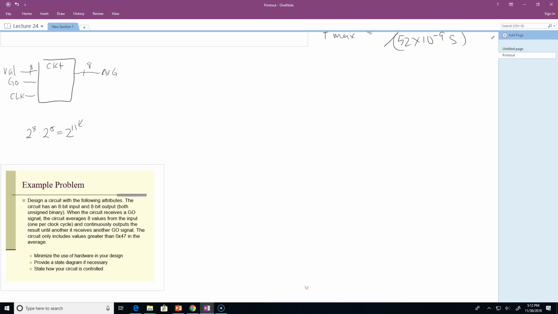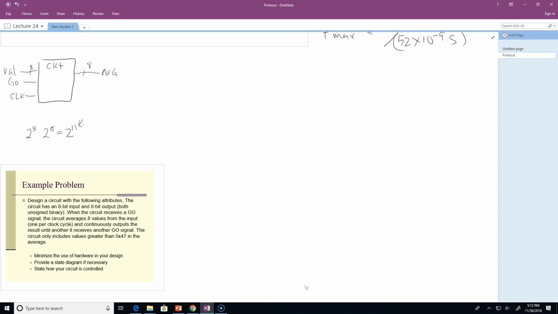Okay, now one last thing in this problem. I'm not adding every number. I'm only adding the input value if it's greater than 47. So somewhere in this problem, I have to check to see if the number is greater than 47, which calls out for a comparator.